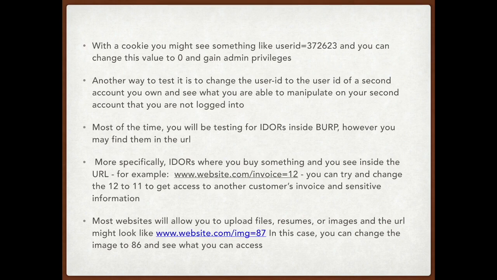And you can change the number to something else to see if you can access that account. For example, if you had 2 accounts, you'd take the user ID of your victim account and you would replace it on your attacker account and see if you can access parts of that application that you shouldn't under another user. If you were getting malicious with this, you would change the value to 0 or 1 and see if you could gain admin privileges to the web app.